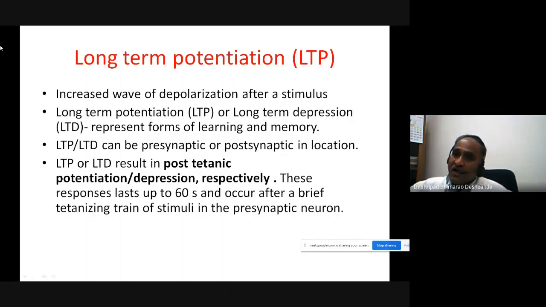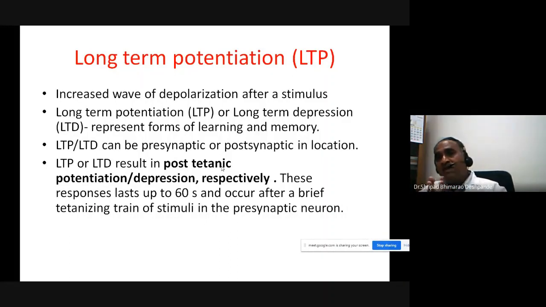This long-term potentiation and long-term depression can happen presynaptically, at the presynaptic terminal, or postsynaptically, on the postsynaptic membrane. These will result in increased activity after a tetanic stimulation. Tetanic stimulation means if we stimulate a particular thing with a greater frequency, that is a tetanus.